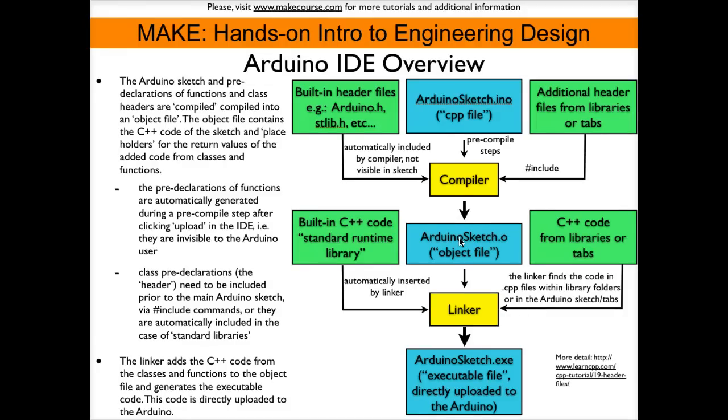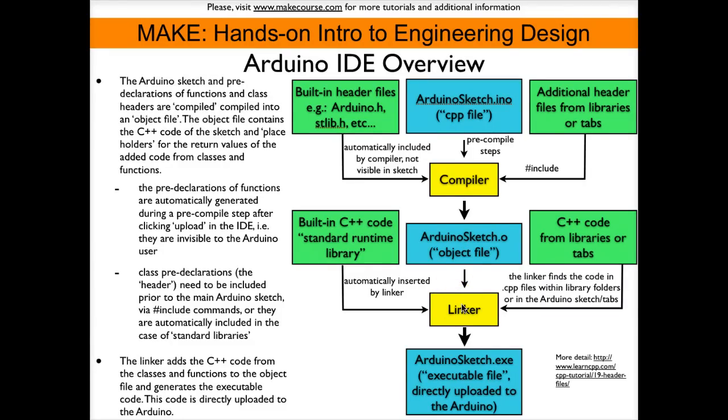So in this object file, basically all the functions have been declared, and now it comes to the point where we actually put the low-level program code into the file, and this is done in the linker.